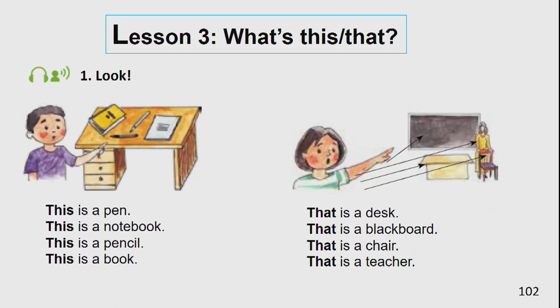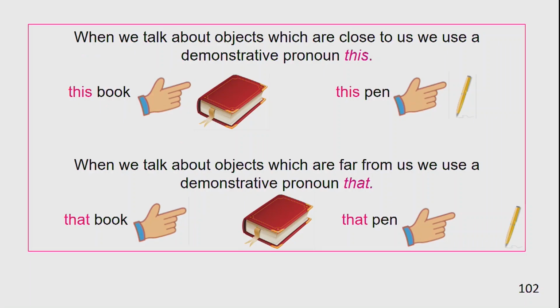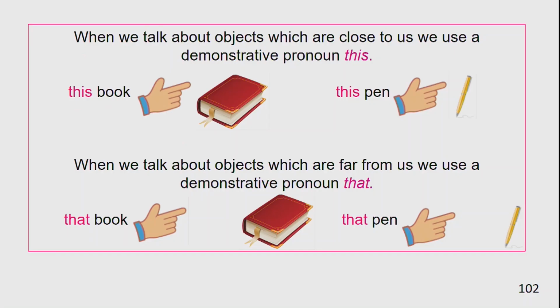That is a chair. That is a teacher. Look guys, when we talk about objects which are close to us, we use the demonstrative pronoun this. This book, this pen. Repeat after me, please. This book, this pen.